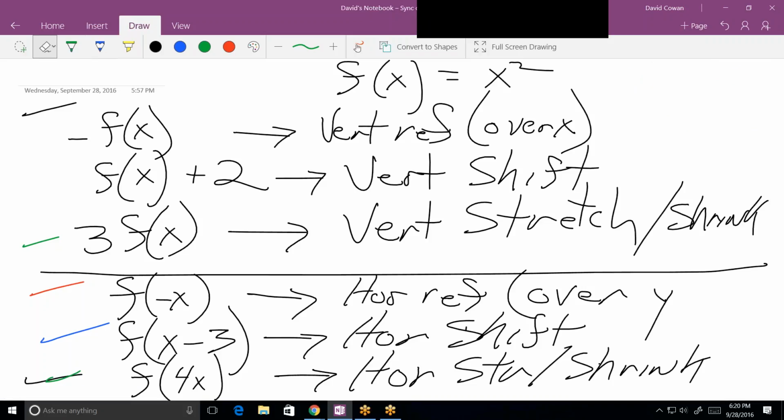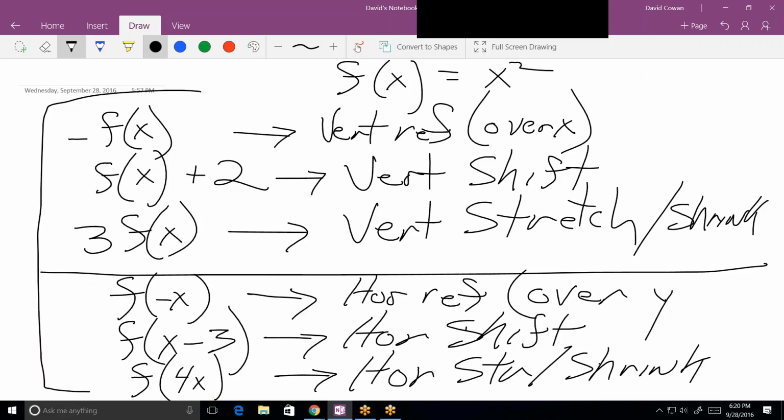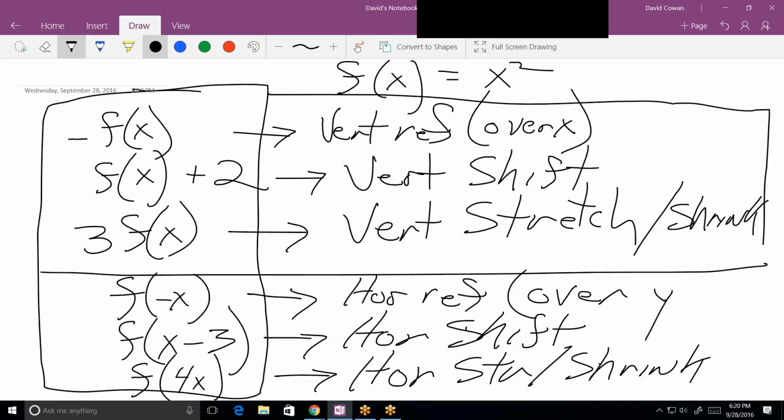And the key to learning them is to know what each of those mean. In other words, you not only have to know the left, but you have to know this part here also.